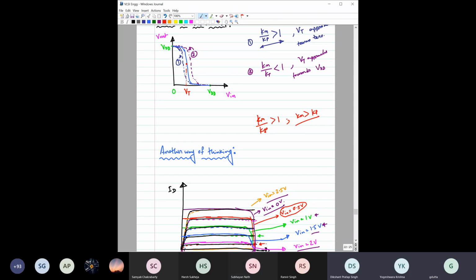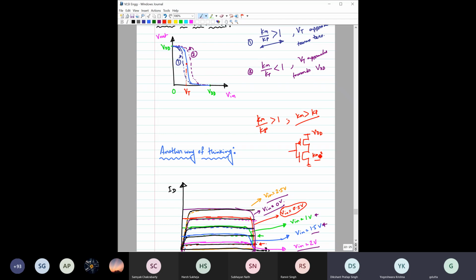Absolutely, I agree with you, but I would like to explain it from this point of view. The VGS is actually not changing here. The gate voltage is fixed, the same applied voltage for the PMOS as well as for the NMOS. But what you are doing is increasing this Kn value.